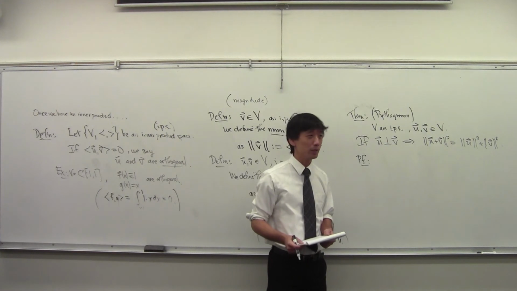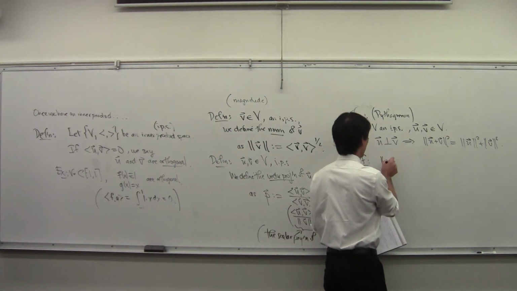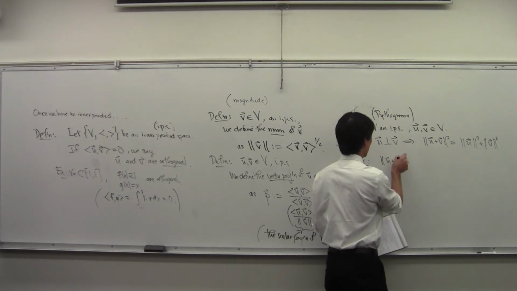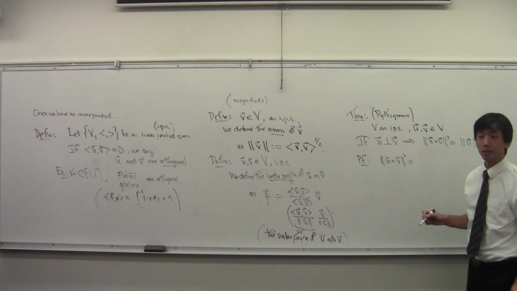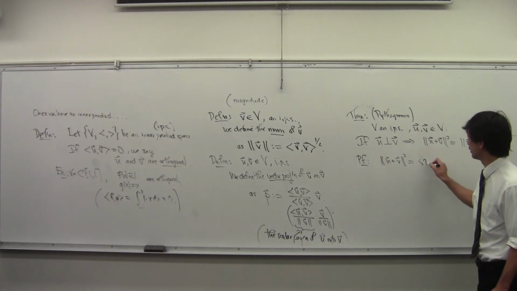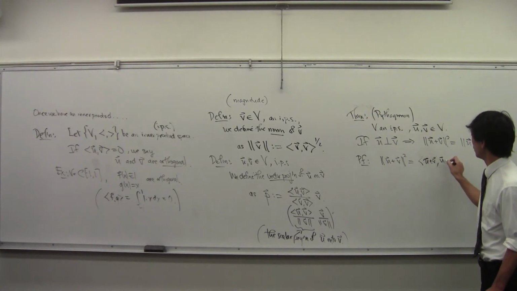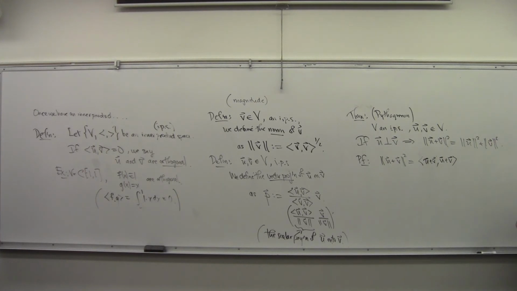The proof of this is actually really simple. The norm squared is the inner product of u plus v against u plus v.